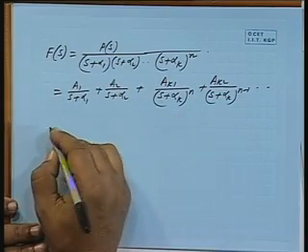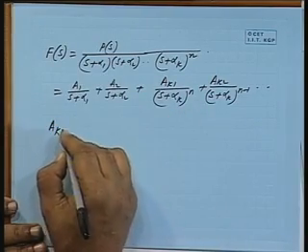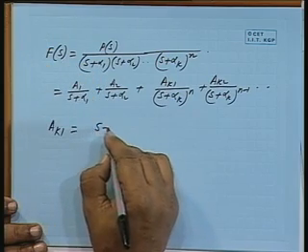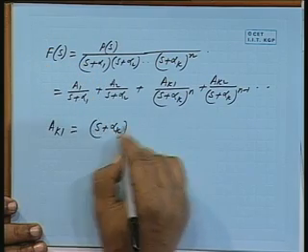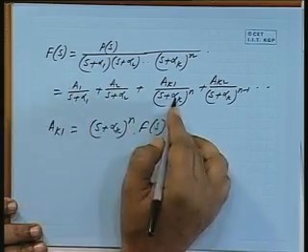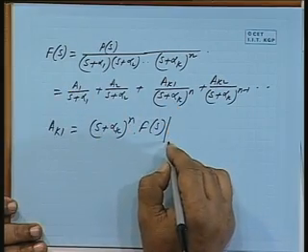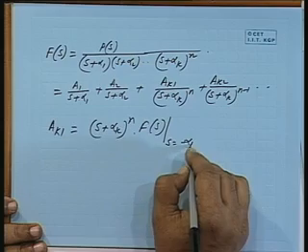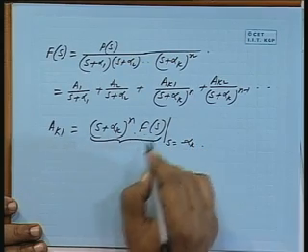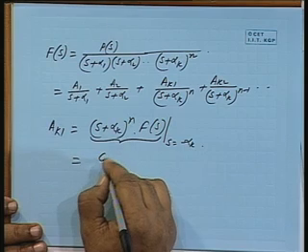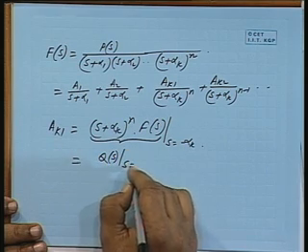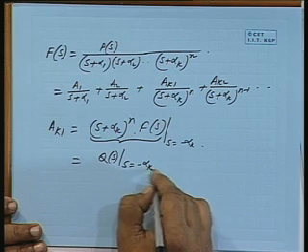So for evaluation of ak1, you multiply by s plus alpha k to the power n on both sides. So F(s) is multiplied by this, and then put s equal to minus alpha k. This product, let me call it Q(s), evaluated at minus alpha k.